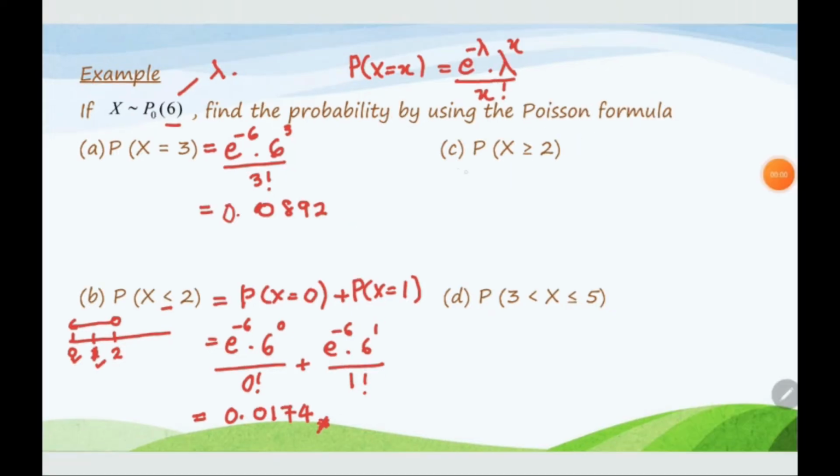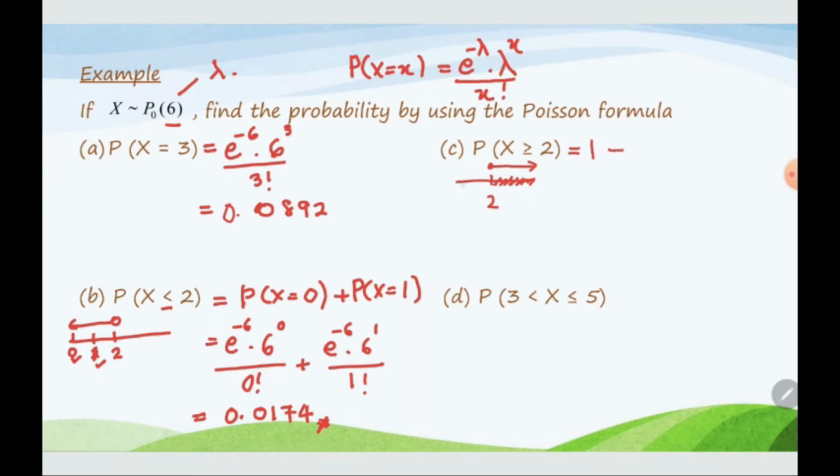Okay, C, we need to find P(X greater than or equal to 2). If we look at the number line where we have 2 and it is greater than or equal to 2, it means that we need to find all these probabilities. But we don't know the last number of x here. So we take all the probability, 1, because when we add up from 0 until the last number of x, we get 1.